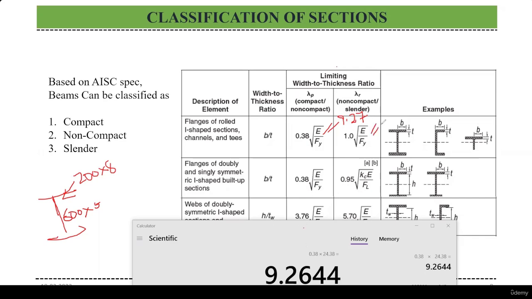This is 9.27. Sorry, this is for hot rolled sections, I think. Yes, these are for built-up sections. So this is 9.27 here.